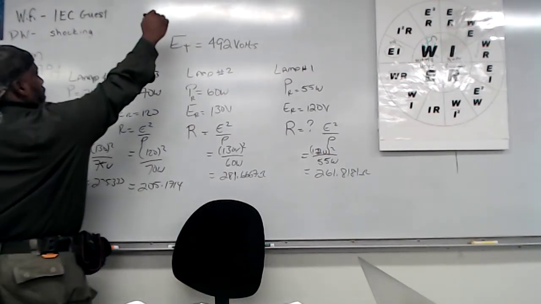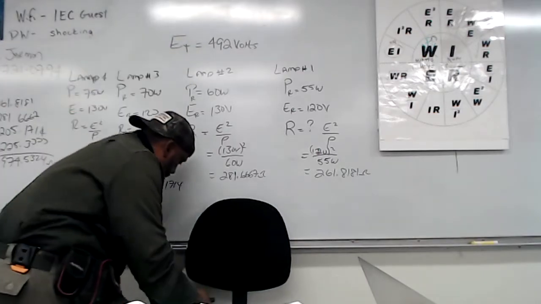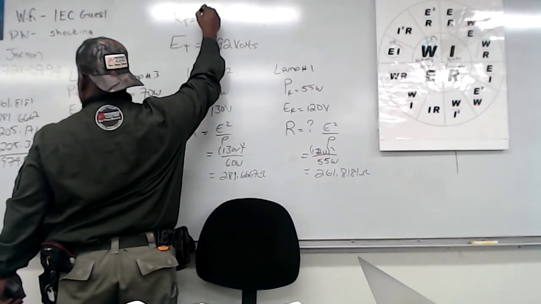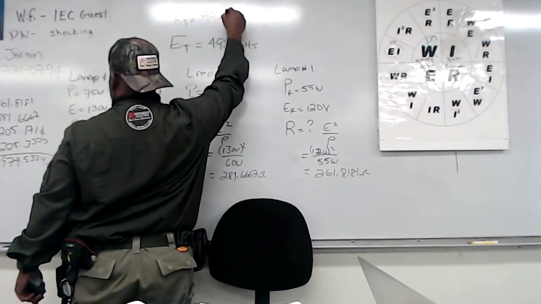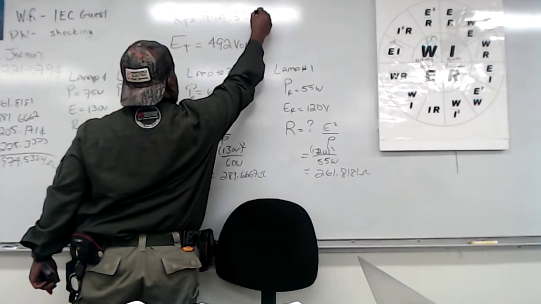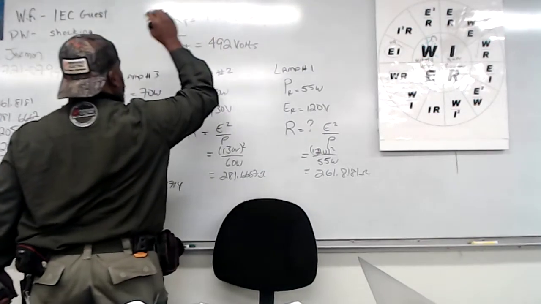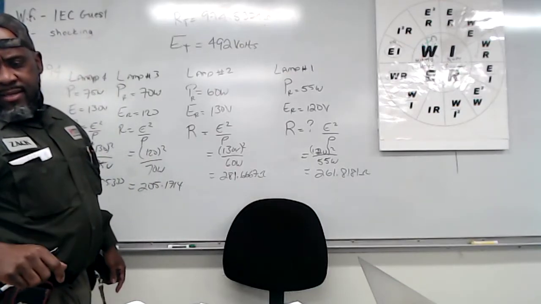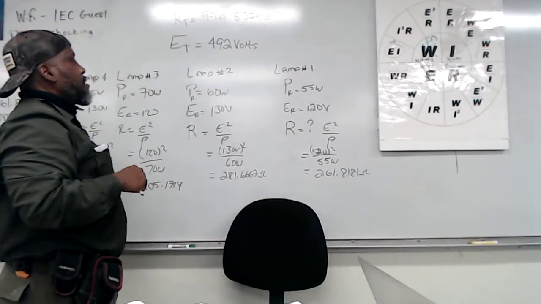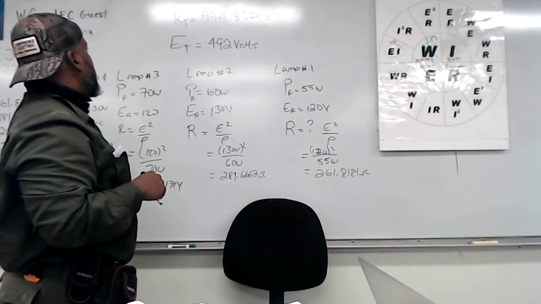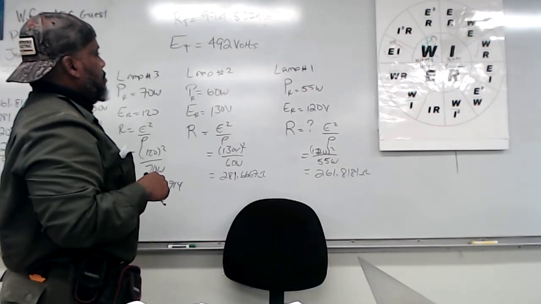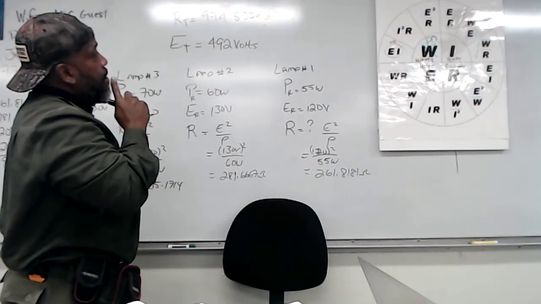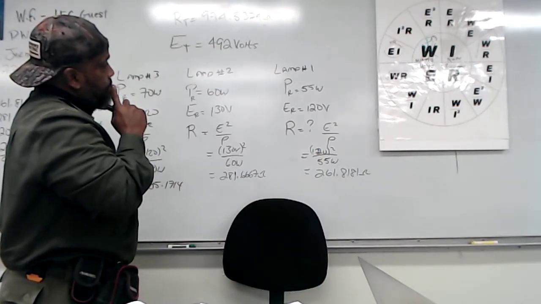So I can put that here, right? So RT is 974.5324 ohms. Can I do something with that? What they asking for again? The voltage. Yes. Okay. Now, I can't deal with that.